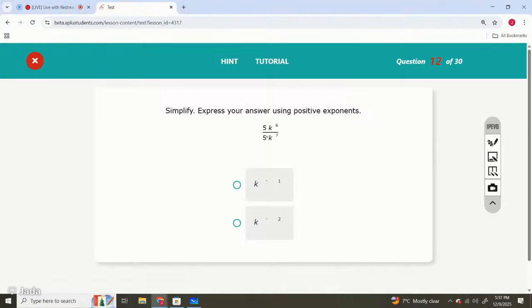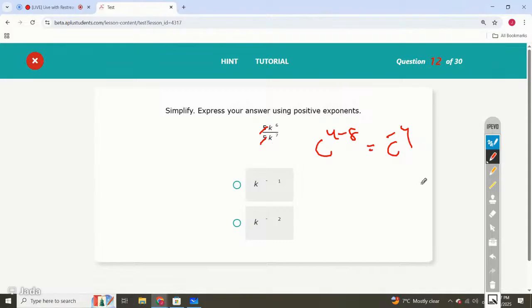5k6 divided by 5k7, 5 and 5 cancel out. They have the same base, so their exponents can be subtracted. So 6 minus 7 is k exponent negative 1.